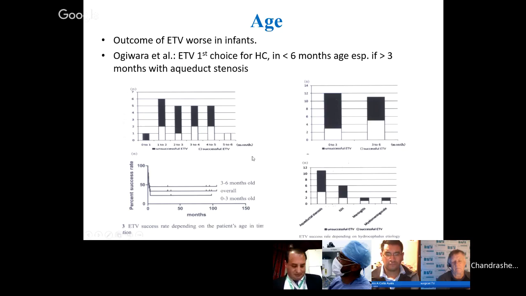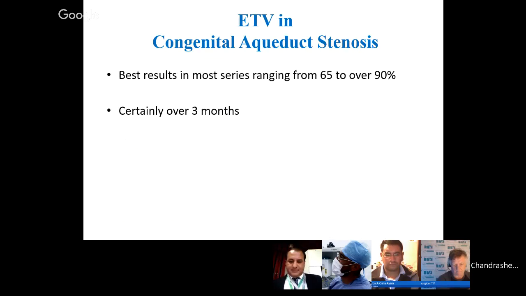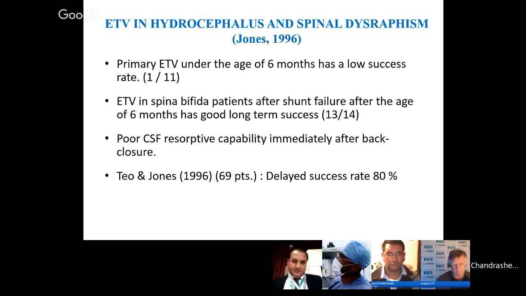This is another paper from Chicago, which shows that the crucial time is probably 3 months, with patients with aqueduct stenosis above the age of 3 months probably giving as good a result as above 6 months. I think aqueduct stenosis is probably an ideal indication. In hydrocephalus and spinal dysraphism, the success rate is not very good.